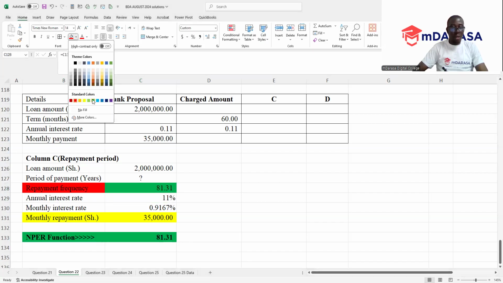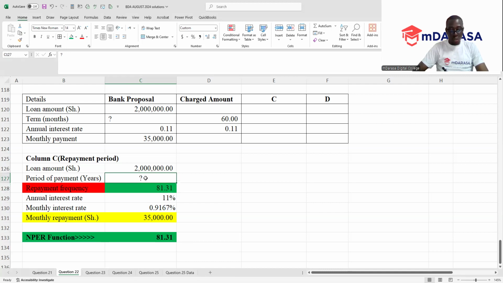Whereas for the period in terms of years, I'll just divide by 12, which gives almost 7 years. So this is column C, the repayment term. Here, we can confidently say I'll be required to have 81.31 months.